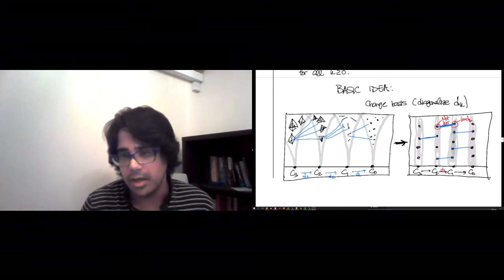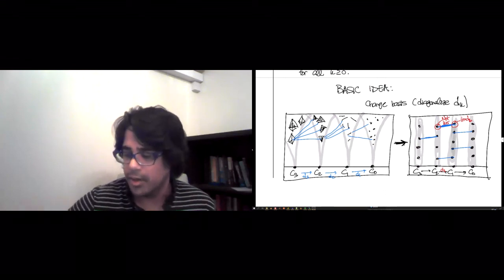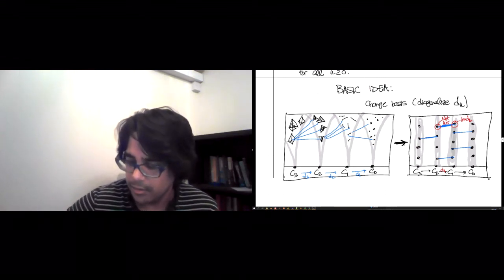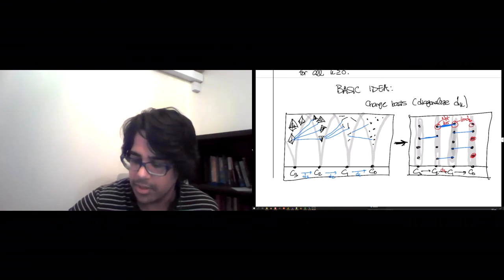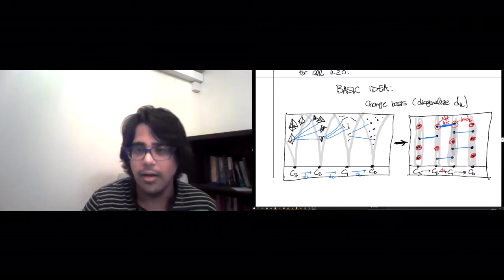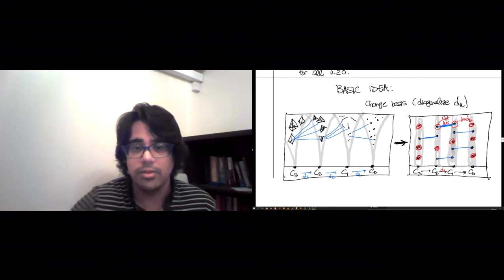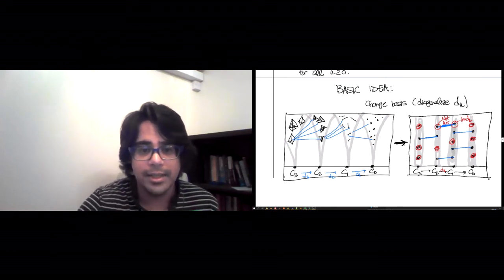Not being in the kernel means not a cycle, and being in the image means being a boundary. So all the unpaired basis elements, which I'm circling here in red, these are going to be the generators of homology. And we will see how to compute them precisely in the next lecture.